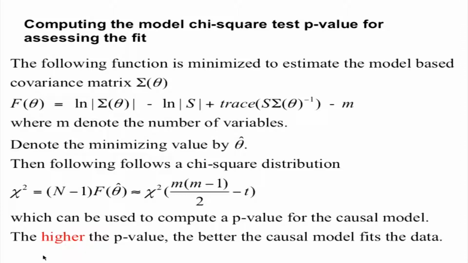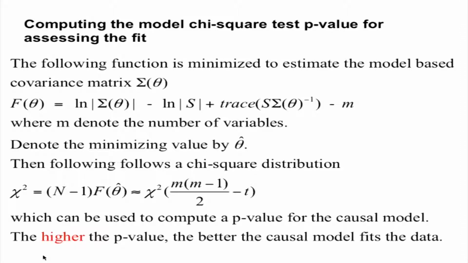You always want a low p-value to have a statistically significant result, except in the situation of structural equation models, where you want a high p-value because it indicates that your data don't violate the causal model. The data fits well.